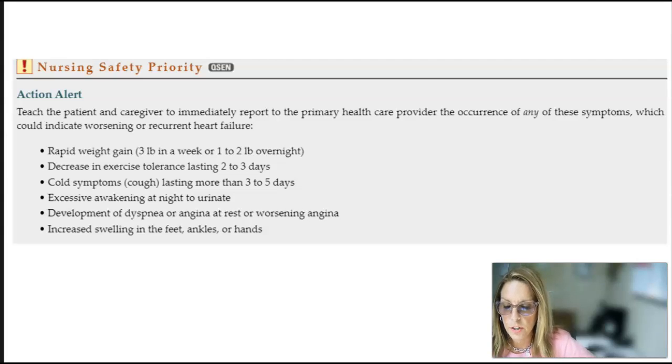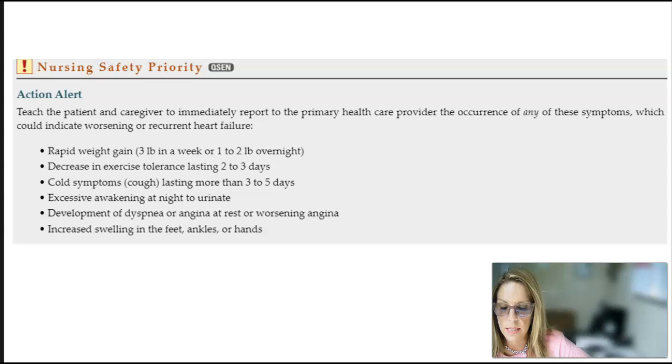In your box on nursing implications, you want to be looking for over/under hydration. These patients might need fluid restrictions. Again, depending on the diuretic that they're on, we may need to be assessing potassium levels. So we'll for sure be monitoring the electrolytes on our lab work. And then even giving, because of the edema, some comfort measures.